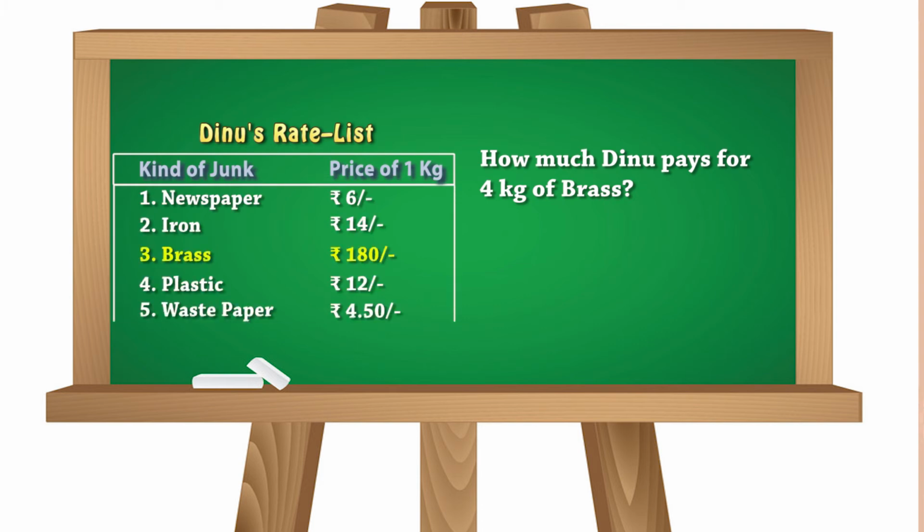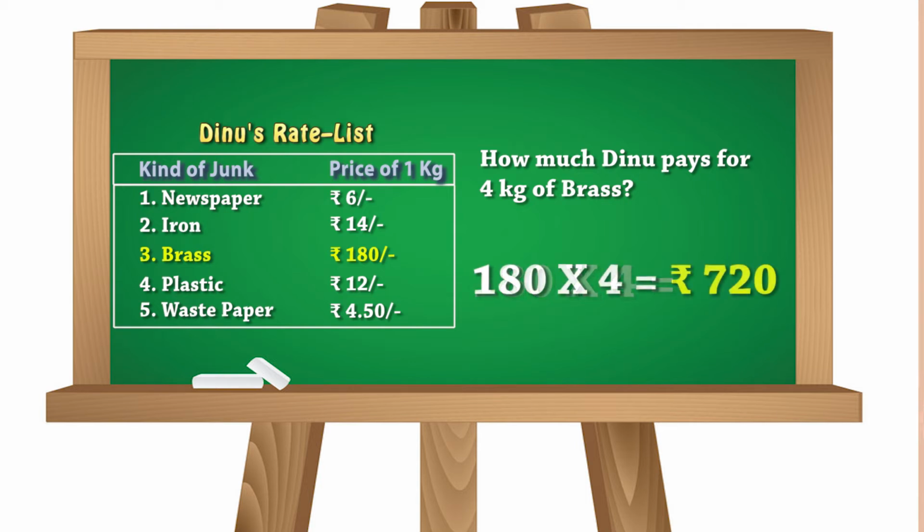Similarly, how much does Dinu pay for 4 kg of brass? For every kg of brass he pays 180 rupees. So, therefore, for 4 kgs, 4 into 180, it is 720 rupees.